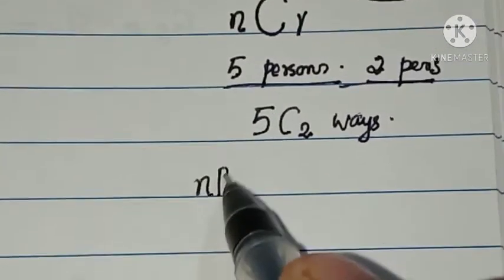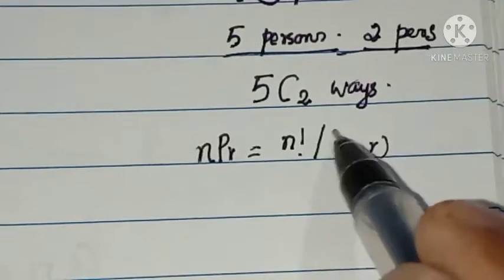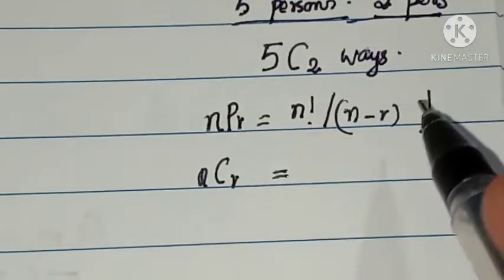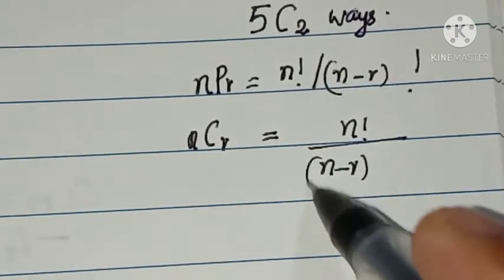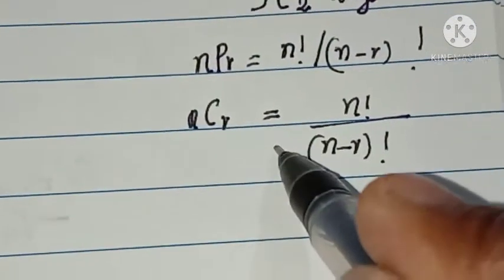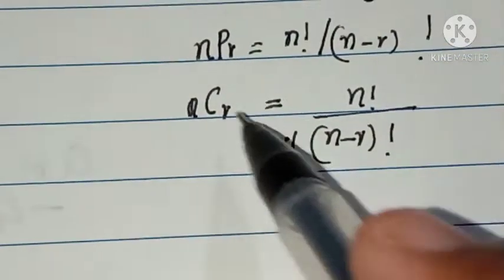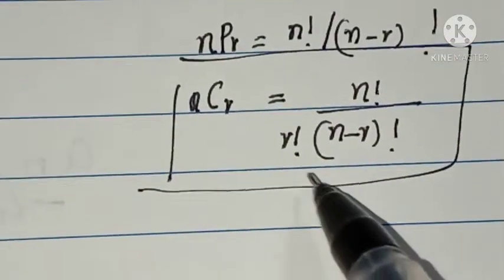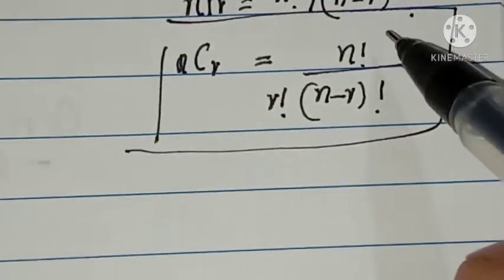Now we define the nPr formula. nPr is n factorial by n minus r factorial. Similarly, we can define nCr also. Listen: n factorial by n minus r factorial, along with this you have to write r factorial in the denominator. nCr is equal to n factorial by r factorial into n minus r factorial.